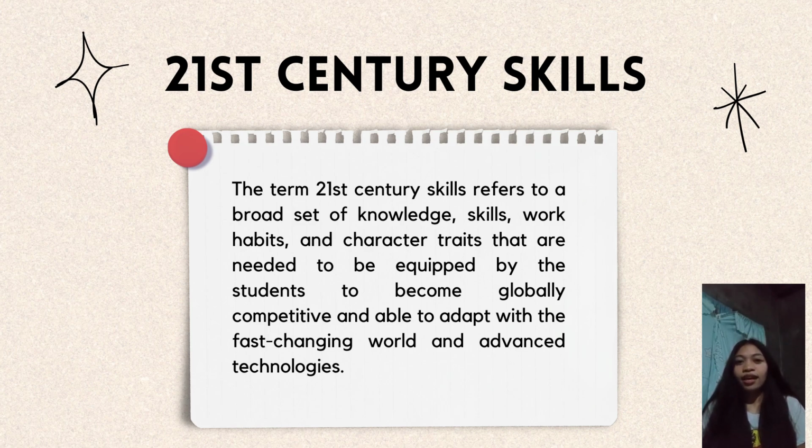This skill is for the learners to become ready and literate about advanced technology. 21st century skills has three types of skills for the students on how they can stay competitive in their chosen job.